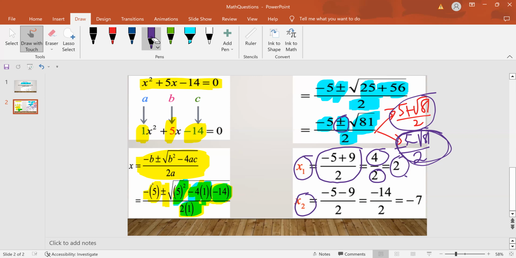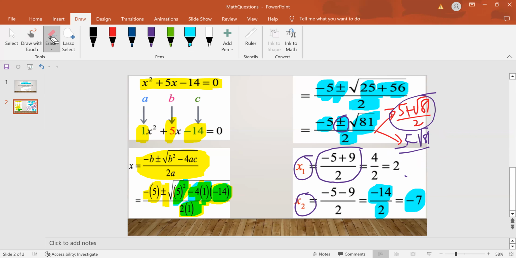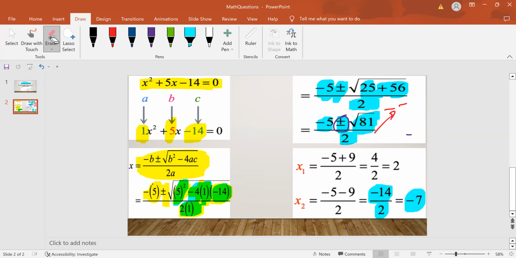If we combine two negative numbers, the result will be negative. So you have negative 14 divided by 2, and we have negative 7, because negative divided by positive is negative. So you see that we have the two solutions, positive 2 and negative 7.